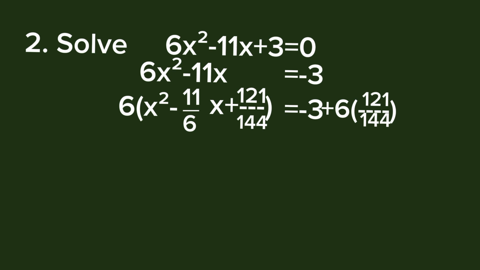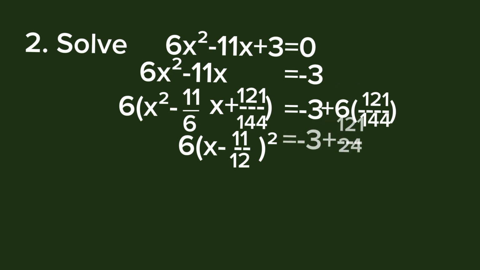Take note, 6 is included. In the left side, we have 6 times the square of x - 11 over 12. That is equal to negative 3 + 121 over 24.